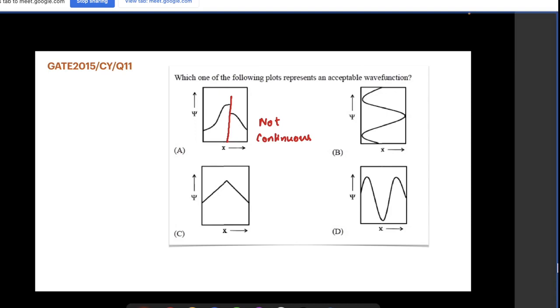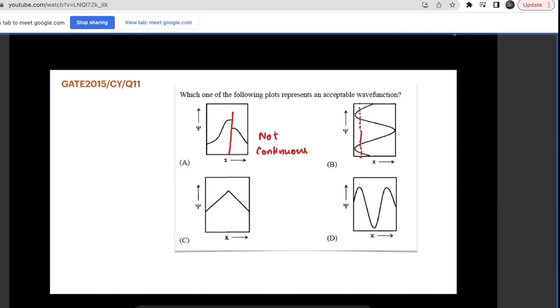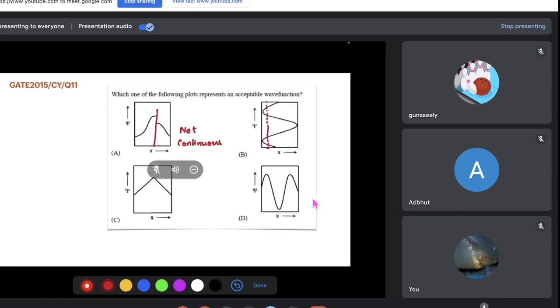And for option B, you can see that this is not a single valued function. At a particular value of x, for example here, we have different values of psi(x,t), which is not the condition that we want for our acceptable wave function.